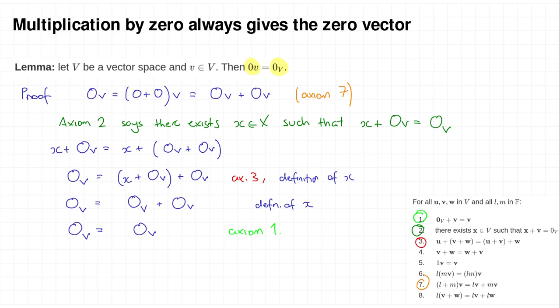So to try and distinguish a little bit more clearly between what is the 0 vector and what is a scalar multiple of a vector v, I'm going to underline my vectors just to remind me that they are vectors. So whenever we have a scalar multiplication into a vector, I'm going to underline that vector. You'll see in typeset notes often we use a bold font for vectors just to distinguish them visually.